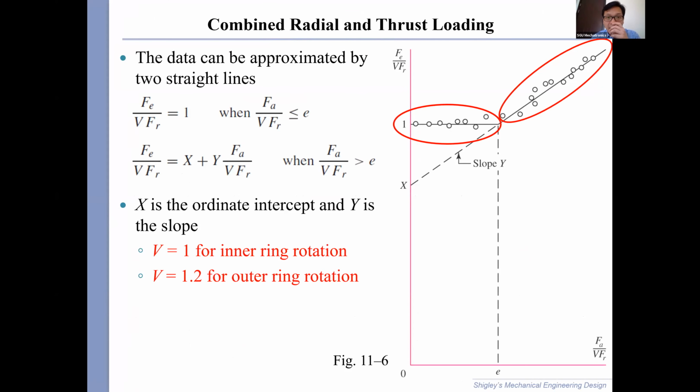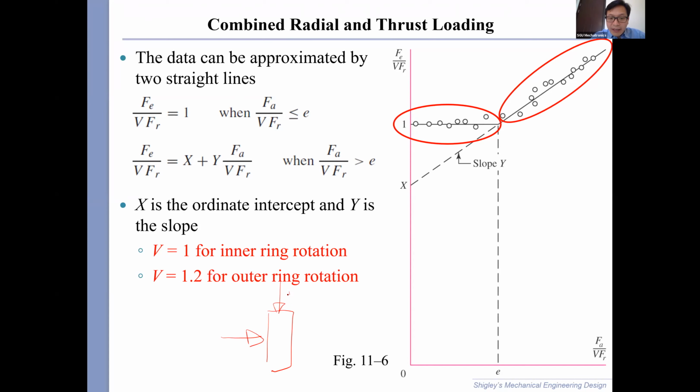Now, what if we have a combined radial and thrust loading? We will have to go through a procedure to combine them. Okay, remember there is a question in the quiz. If you have a combination, let's say this is the bearing, okay, you have radial and then you have axial.